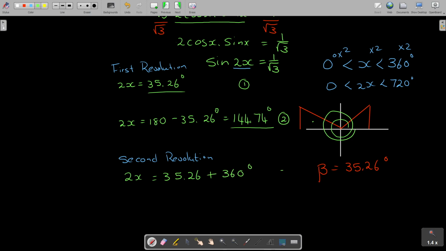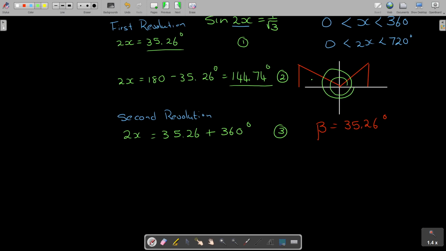That's my third answer. And then for my fourth answer, I'm again going to leave a space, 2x, and now you can just work with this one. So it's 144.74, and I add 360. And that's my fourth answer.